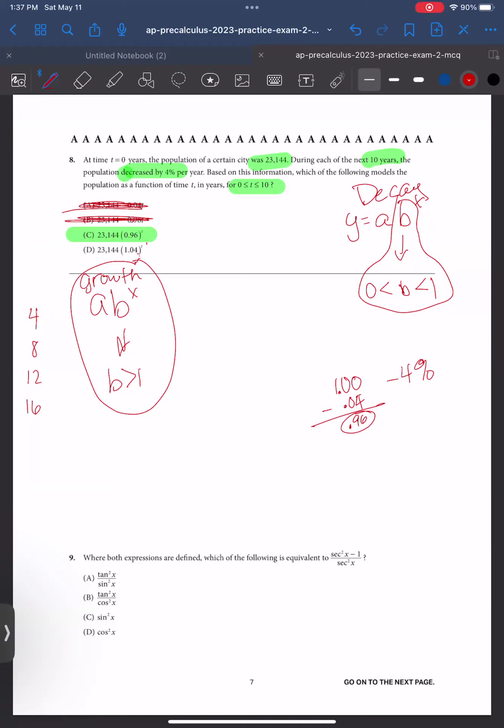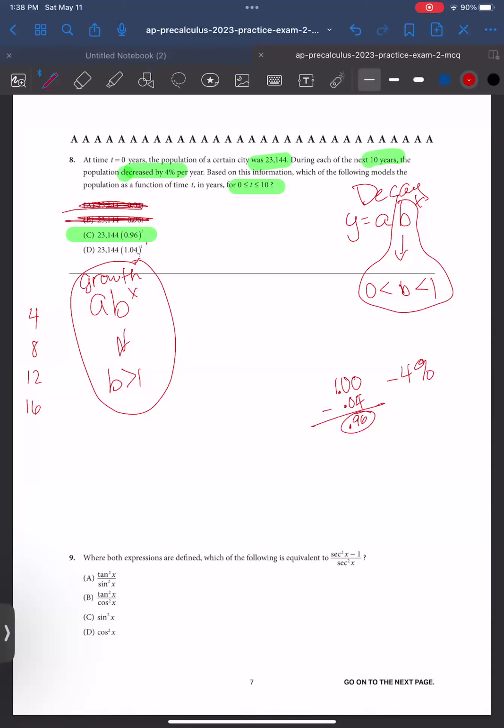Like Nico was saying, if they had said something about 4% of the starting population, it has to give more information for you to determine that it's going to be a linear function.